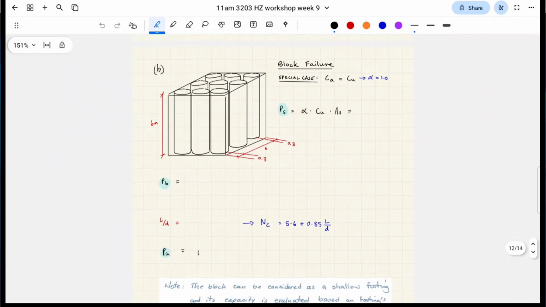Next, we're gonna do block failure. So I'm gonna rub this part of the board out.